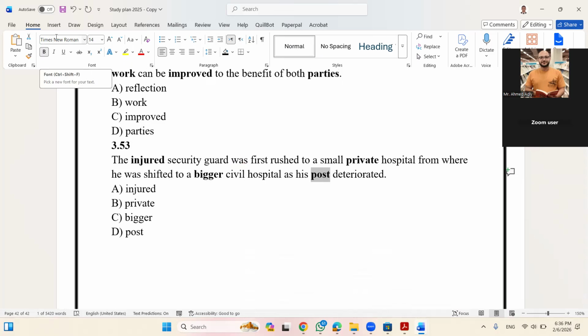Replace post with health. Good job. His health, his condition, not post. Post is just a job.